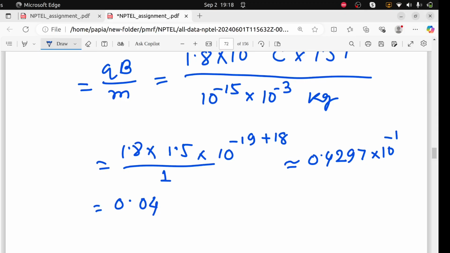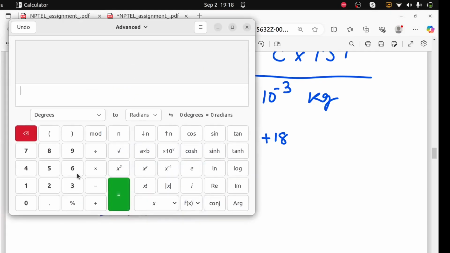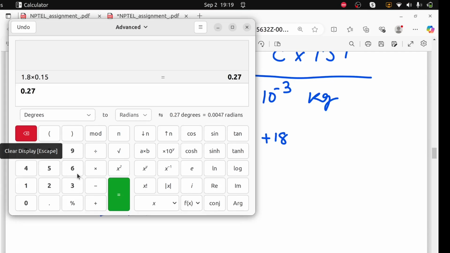Oh, actually, let me write here the actual value. So it is 1.8 into 0.15. Okay, so let me multiply 1.8 into 0.15. So it is 0.27.